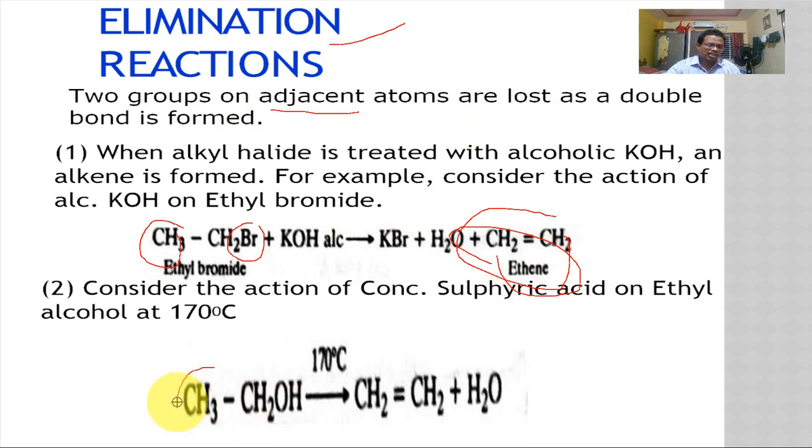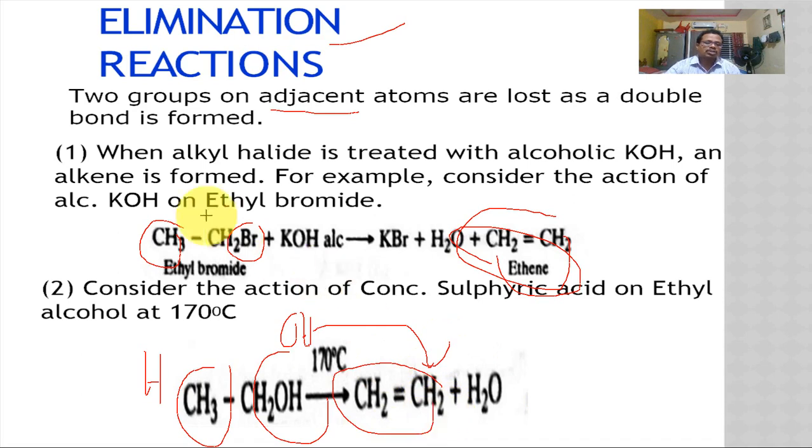See this reaction: in this, hydrogen is removed and OH is removed. Both form a water molecule and the double bond forms. So when an alkyl halide is in the presence of alcohol, it forms CH double bond CH2. Similarly, when ethyl alcohol is heated to 170 degrees centigrade, the same happens.